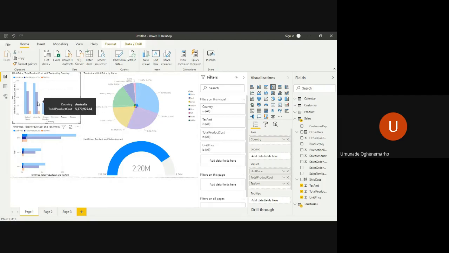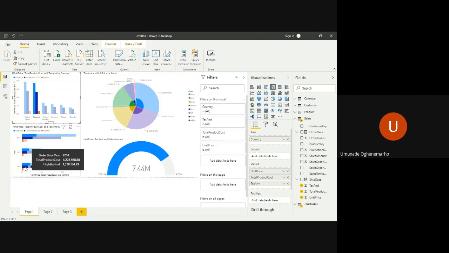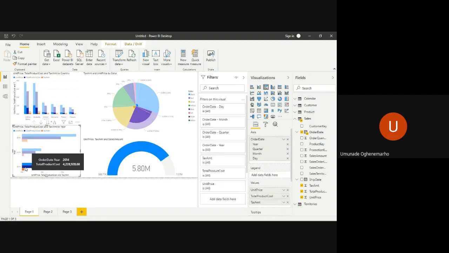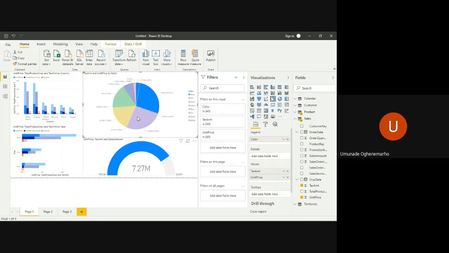If I highlight another country, let's say Australia, the entire data highlighted becomes Australia. If I highlight the color black, the entire data across the board will be for the color black. So whenever you highlight any visual on a certain page, the entire page conforms to that highlighting. I need us to understand that.